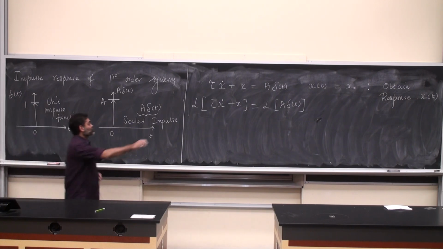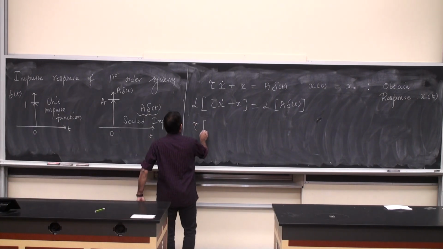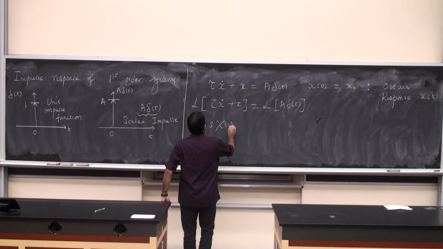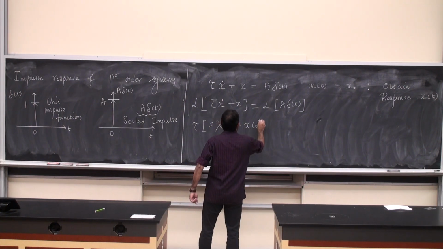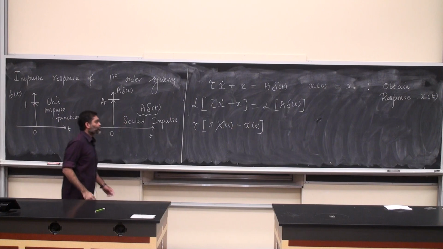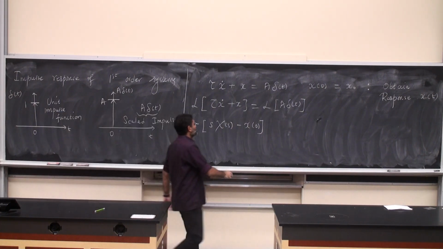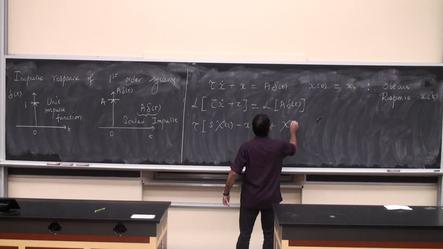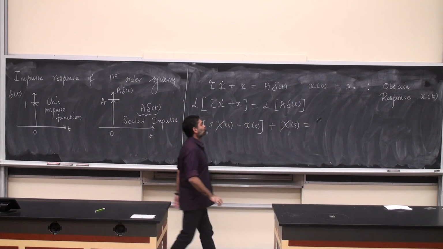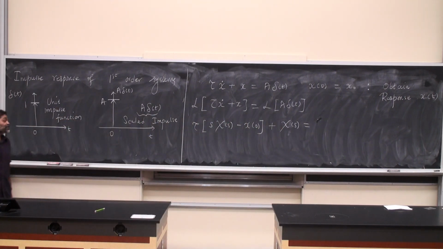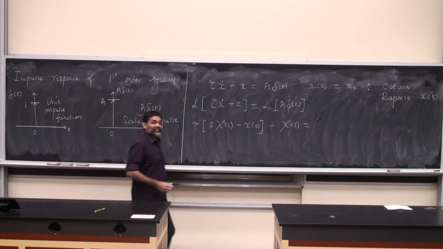So if I look at this one, this is tau s times x of s minus tau times x of 0 plus x of s. Right hand side is really nice. Laplace of the impulse function is 1, so it is just equal to a.